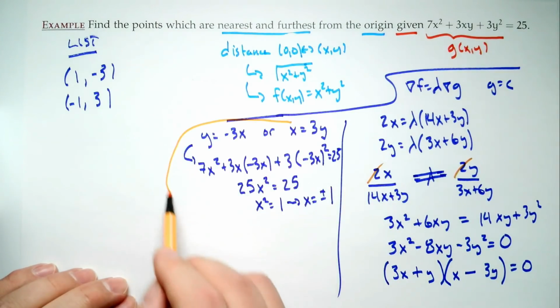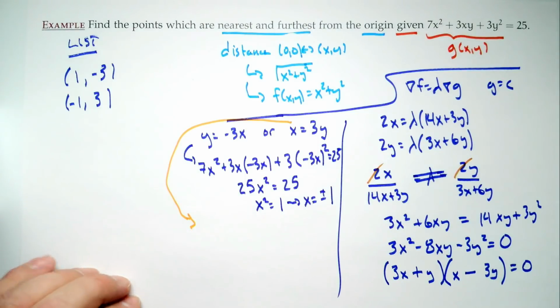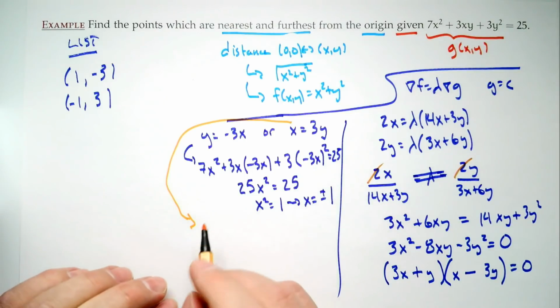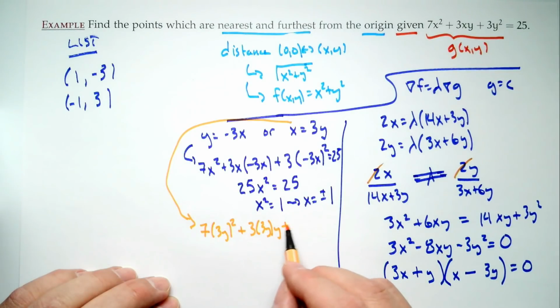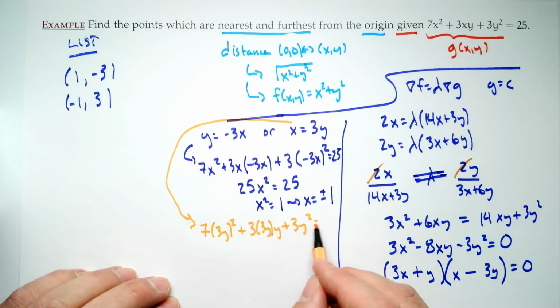x equals 3y. So now everywhere I see an x, I'm going to put 3y. So we have 7 times 3y quantity squared plus 3 times 3y times y plus 3y squared, and that's going to equal 25.